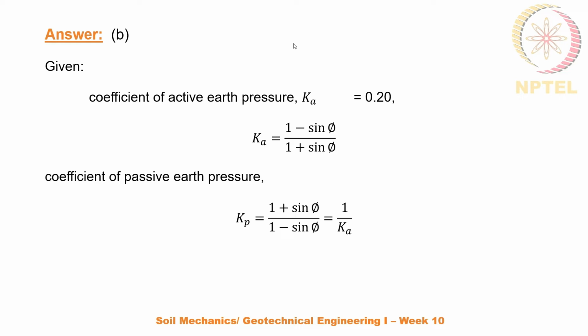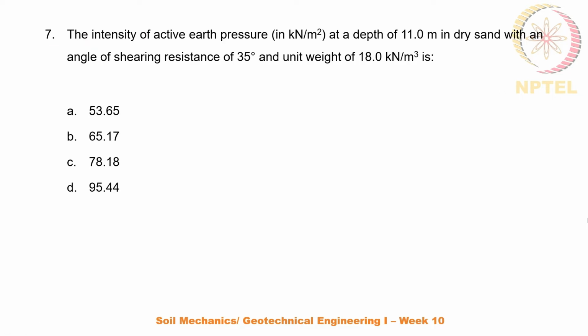So that is in turn the reciprocal of coefficient of active earth pressure. So, here in the question we are given that the value of coefficient of active earth pressure is 0.2. So, taking the reciprocal, coefficient of passive earth pressure is equal to 1 by 0.2, which is equal to 5. Okay. Moving on to the next question.